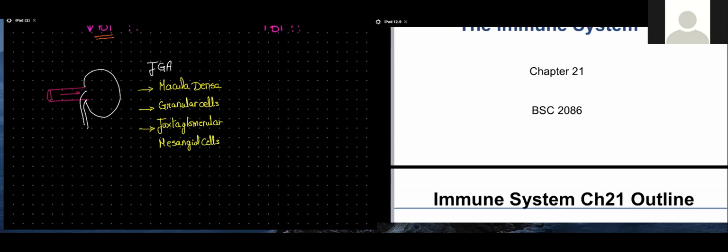If you remember, the granular cells are modified smooth muscles of the afferent arteriole, and they act as a mechanoreceptor. What do I mean by mechanoreceptor?